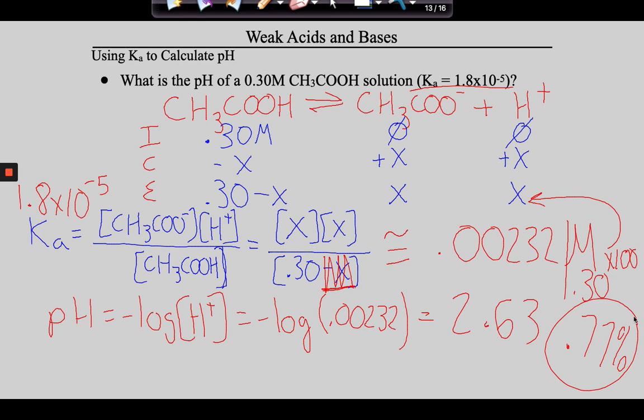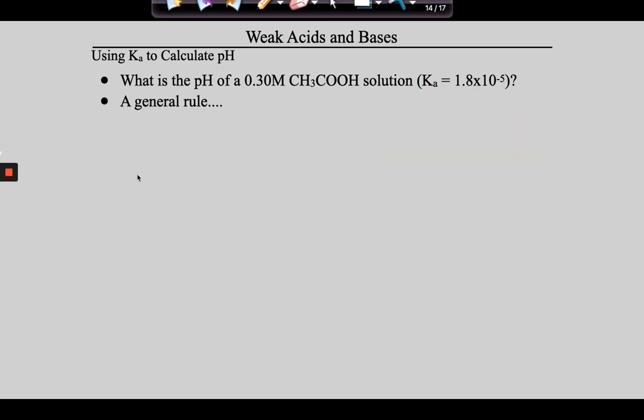And technically, to do the math, you shouldn't drop the X until you know it's okay to drop the X. So basically what you end up doing is solving these using the quadratic, coming up with the percent protonation, and then figuring out you didn't need to use the quadratic. That's bad. So guys, this then becomes the rule.